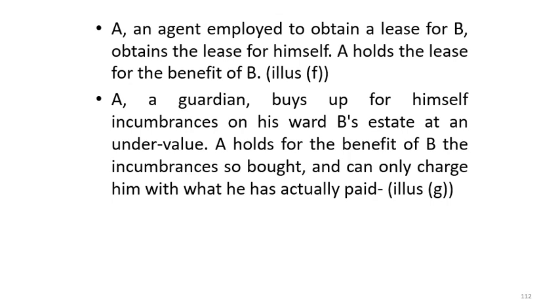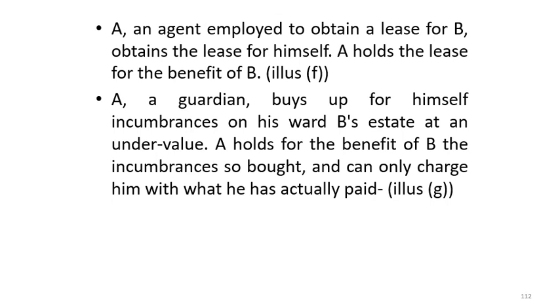Then I will move on to illustration G. A guardian buys up for himself an encumbrance on his ward B's estate at an undervalue. A holds such encumbrance for the benefit of B, and can only charge him with what he has actually paid.